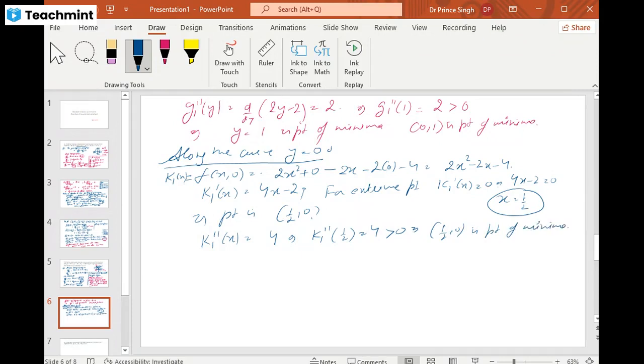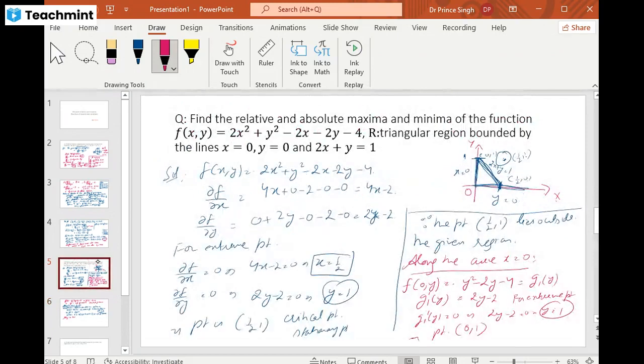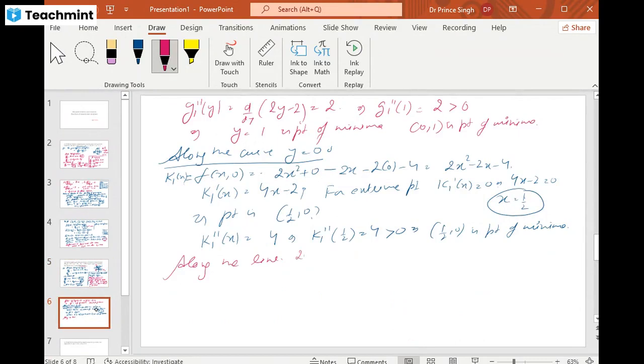Now we are considering along the line 2x plus y equal to 1. We can find the value of y as 1 minus 2x. It means f(x, 1 minus 2x). We are going to replace y with 1 minus 2x.